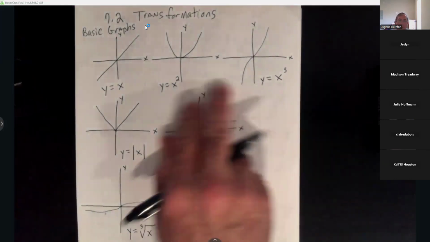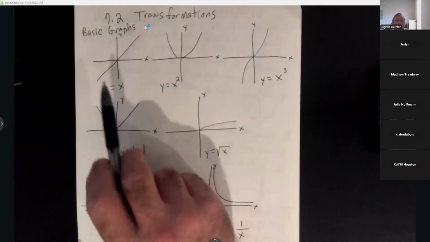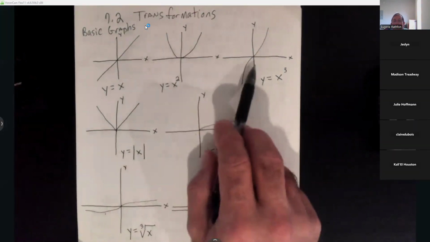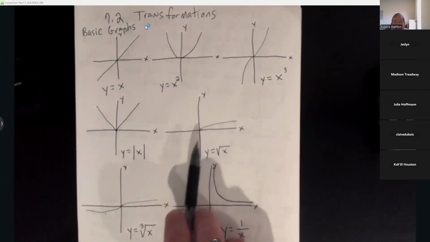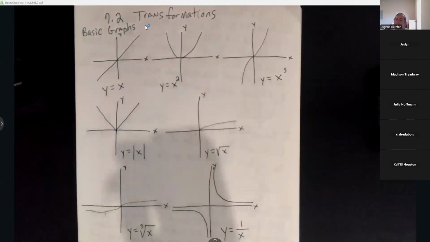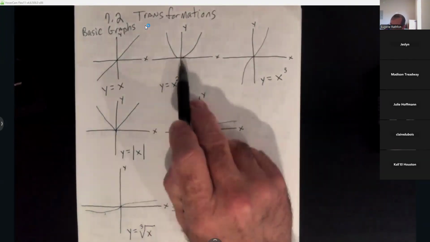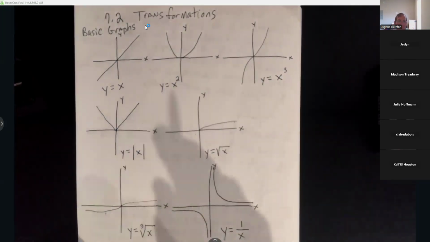But you don't have to know how to draw these right now. All we got to do is know how to move them around, and we have to know that these are the basic positions of these graphs for the x squared, x cubed, and so forth, okay? They all are touching the origin pretty much, okay?